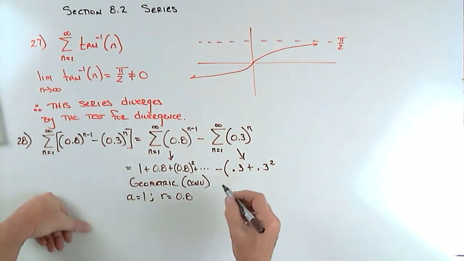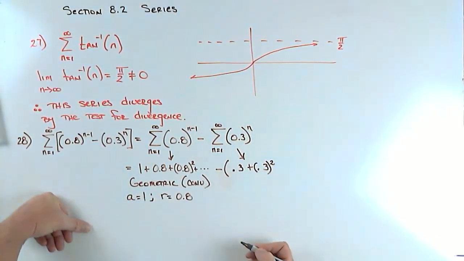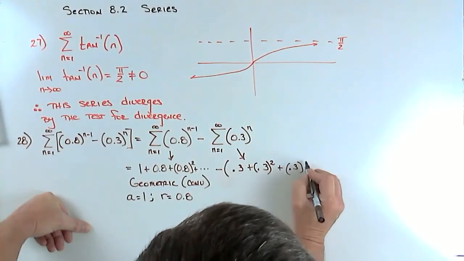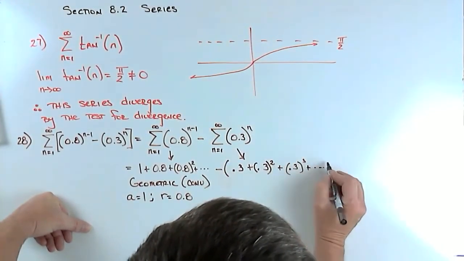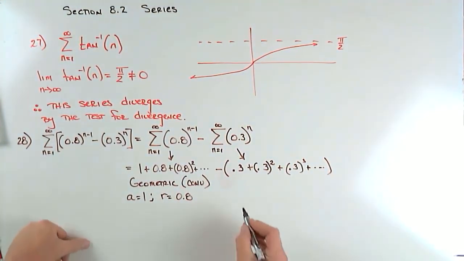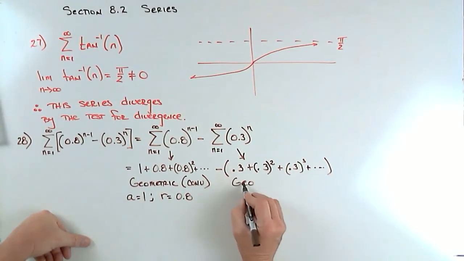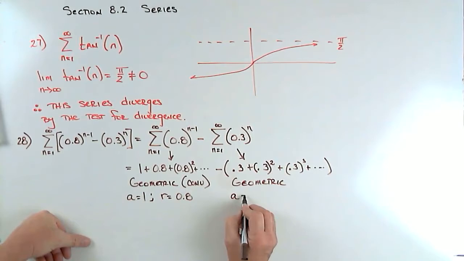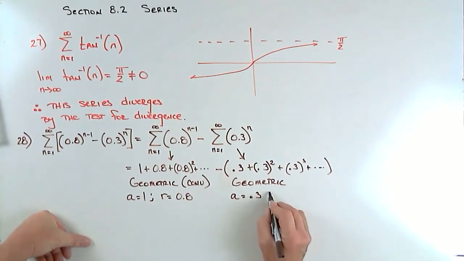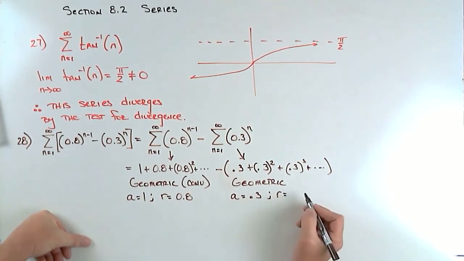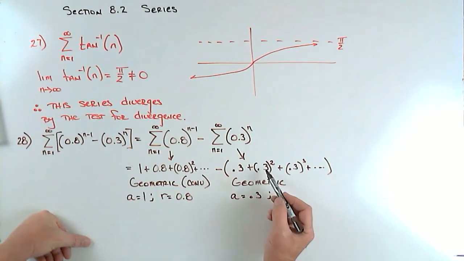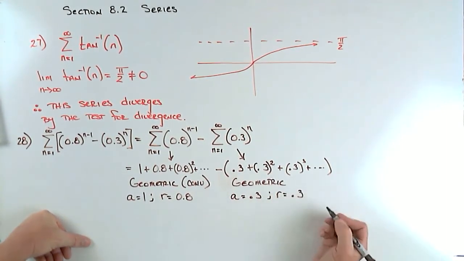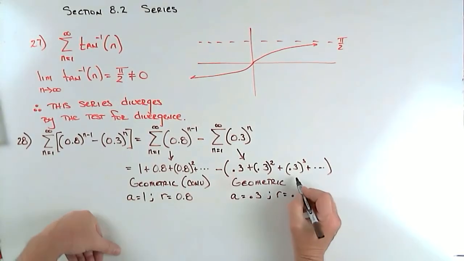If n is 3, we would get 0.3 cubed. Also geometric, isn't it? A here is 0.3, and again here R equals 0.3 times 0.3 gets us 0.3 squared. 0.3 squared times 0.3, so this is 0.3, also convergent.